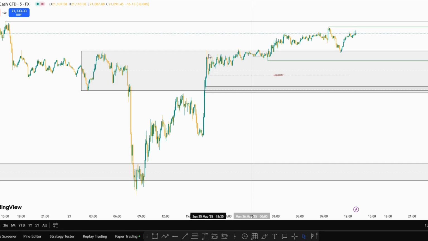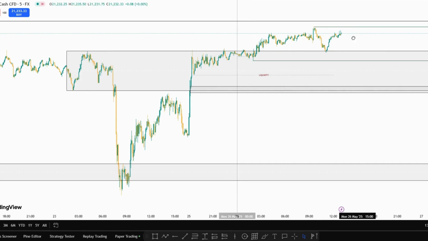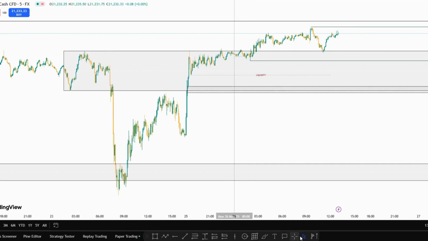So this was a supply area over here, which price came to it, ranged around it and broke through the supply area. So it's a flip area at this point. But you can see that all these orders in here, it's liquidity. That's liquidity. So I want to see price getting swept and then look for that run back up.